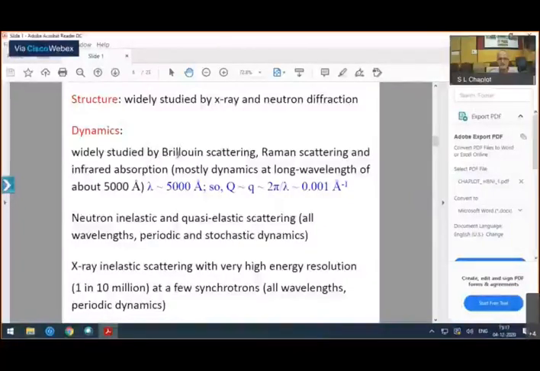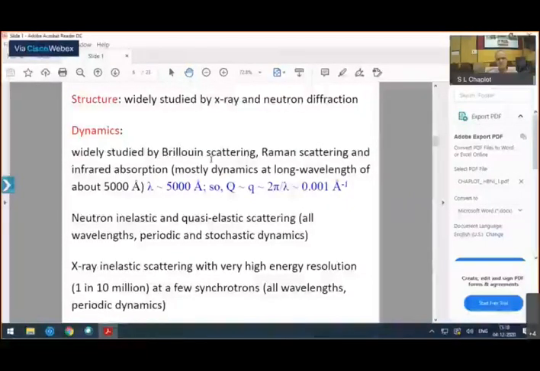They are very popular because they use a very intense source of incoming radiation, lasers in particular. Because of such an intense source, these experiments are very efficient compared to neutron scattering, because neutron beams are not very intense compared to the laser or photon beams.